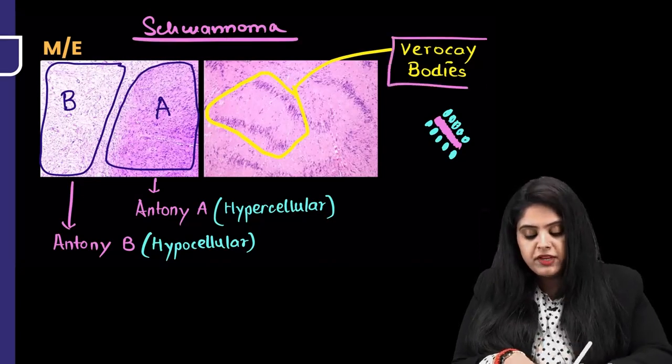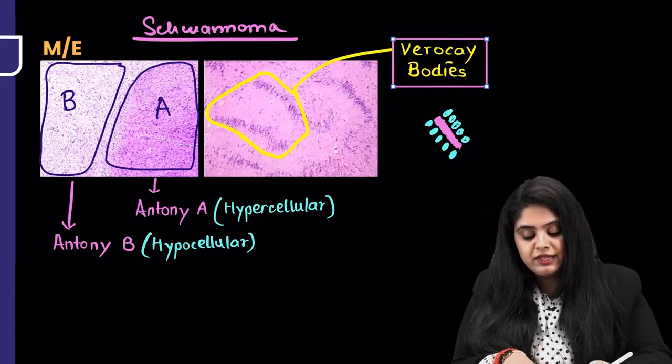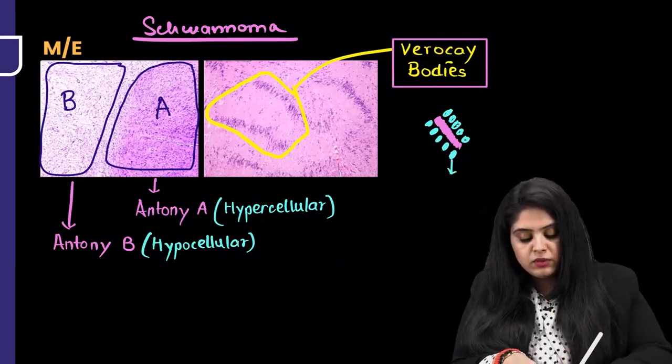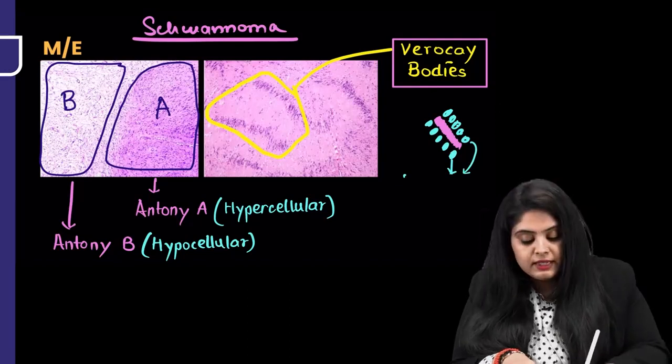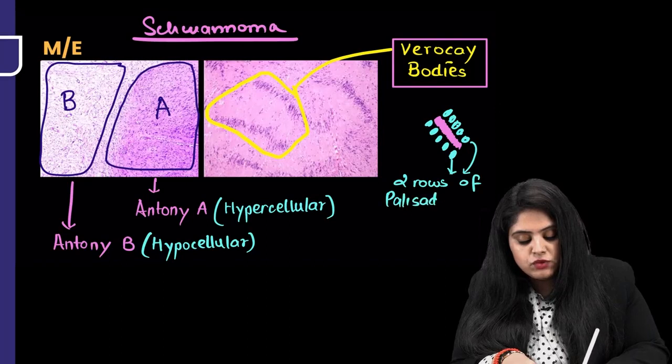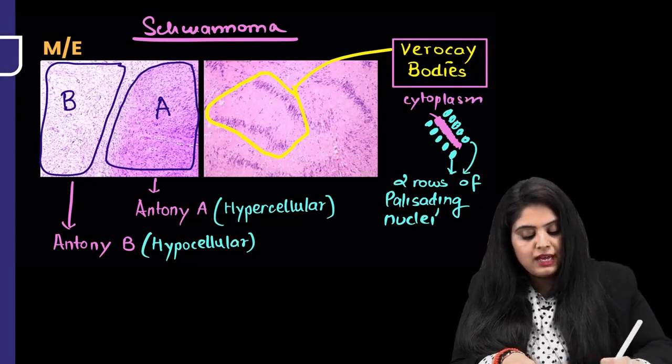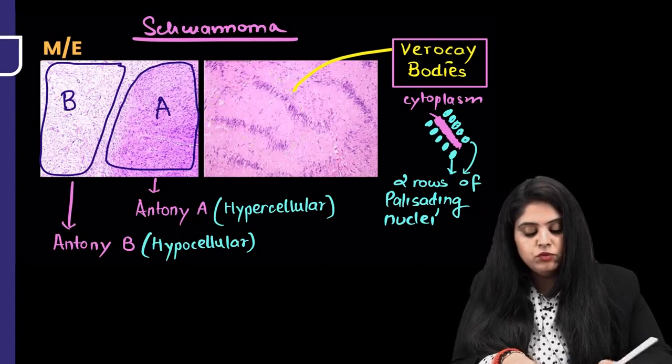Remember, for the Verocay bodies, I am going to visualize this as, look at this picture that I've drawn. Blue color nuclei. There are two rows of palisading nuclei. So where did all the cytoplasm go? The cytoplasm is in the center. So what do I see over here? Let's remove the labeling.